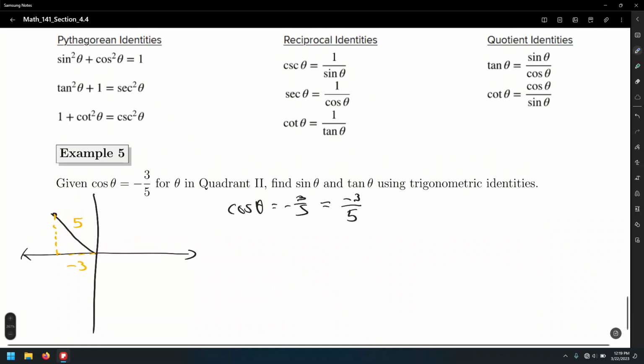If we use the reciprocal identities, since we were given cosine, the reciprocal is secant, but they're not asking us to find the secant function. Is there any other alternative? How about using the quotient identities? But we only know cosine, we don't know tangent, we don't know sine. Actually, those are the questions, sine and tangent. All right?